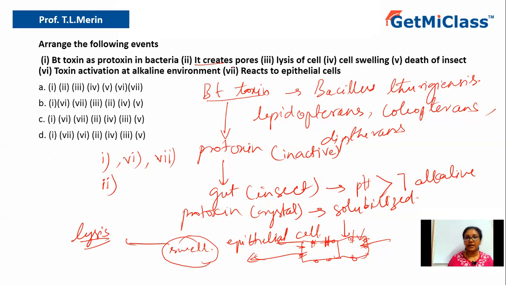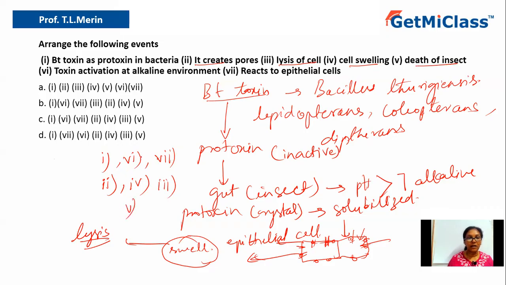After creating pore, there will be swelling of the cell, because liquid will enter inside. That is fourth point. Then after cell swelling, the cell lysis will occur. That is third point. And after cell lysis, of course, the death of the insect. That is the fifth point.